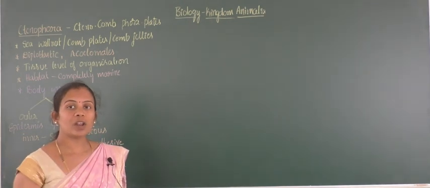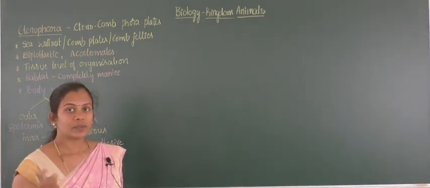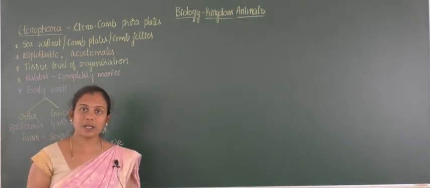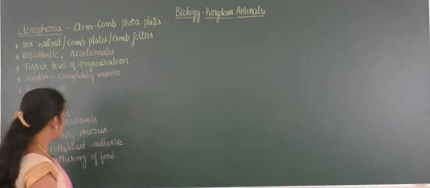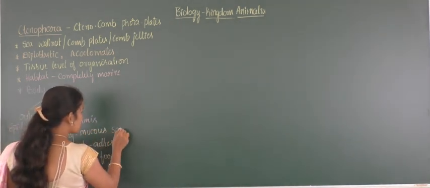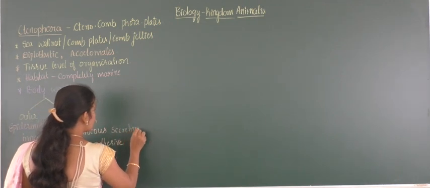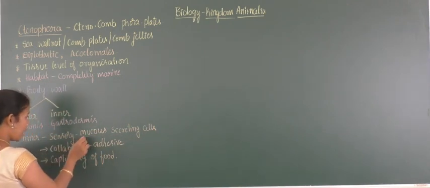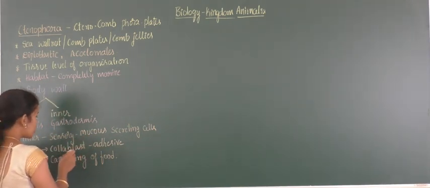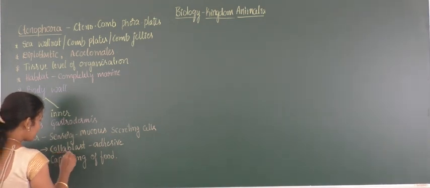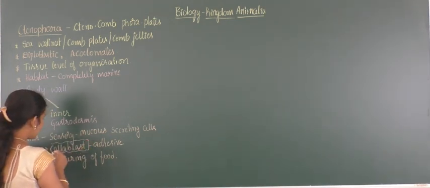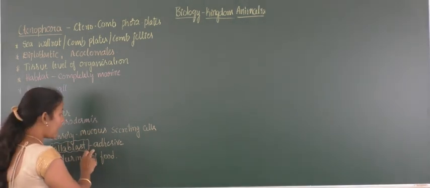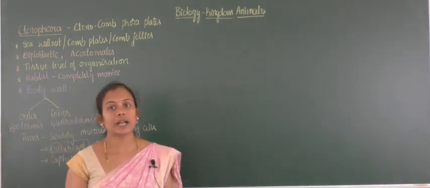In higher level organisms they are called glands. Here, as these are lower level organisms with a tissue grade of organization, there are mucus secreting cells, embedded with special cells called colloblast cells, which have an adhesive nature.